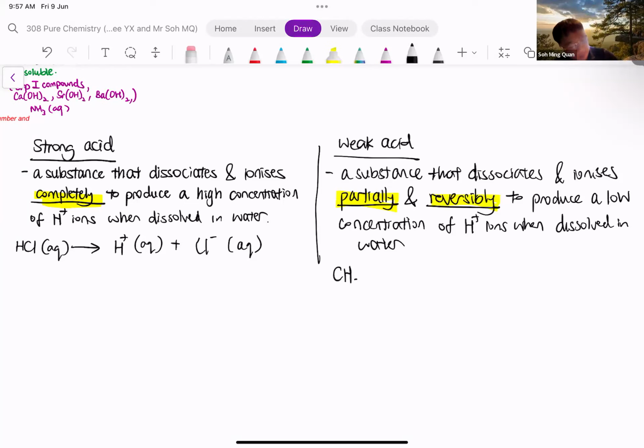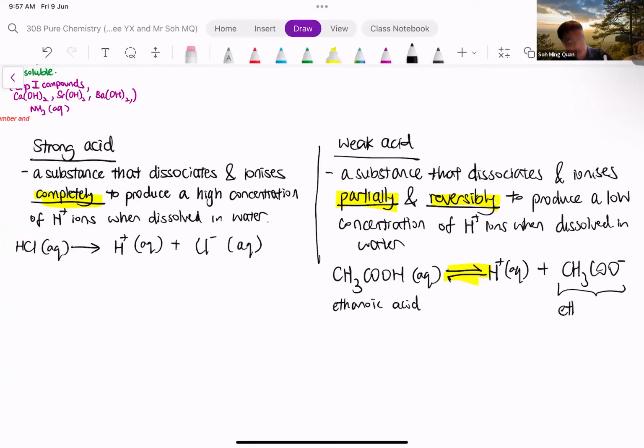So take, for example, this is ethanoic acid. So you have just learned carboxylic acids, right? Ethanoic acid dissociates reversibly. So we can see a double-headed arrow being used. It produces H+ and the corresponding ethanoate ion.